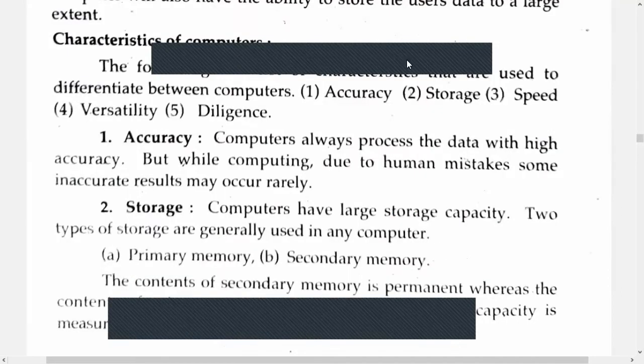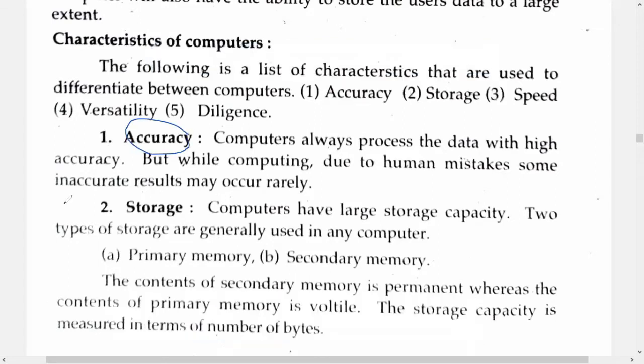The first characteristic is accuracy. Computers always process the data with high accuracy. Accuracy means correctness of the information.